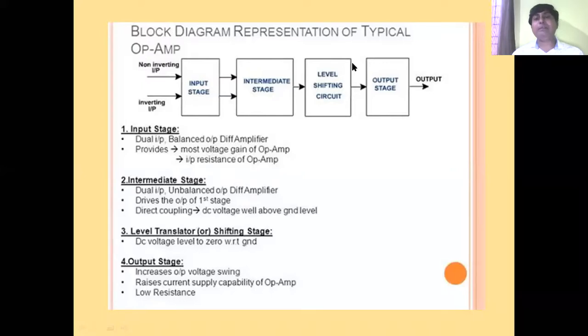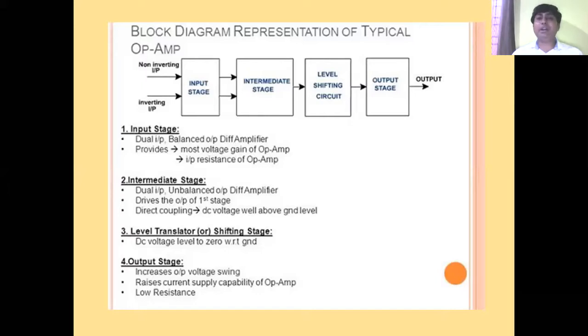Now coming to the third block. Third block is the level shifting circuit. Level shifting circuit means it should shift to a level. Level here is a reference, so it has to be shifted. It is observed that sometimes it is above the reference or below the reference, and we will consider 0 as the reference.